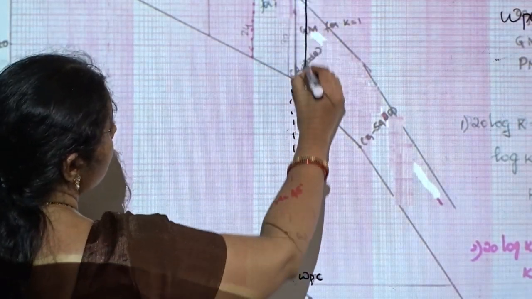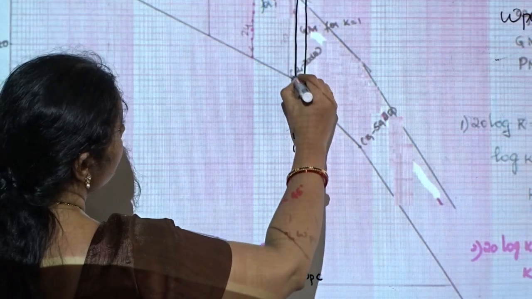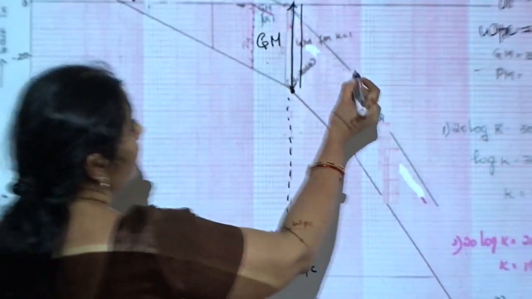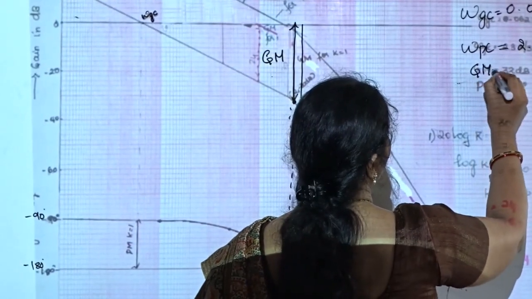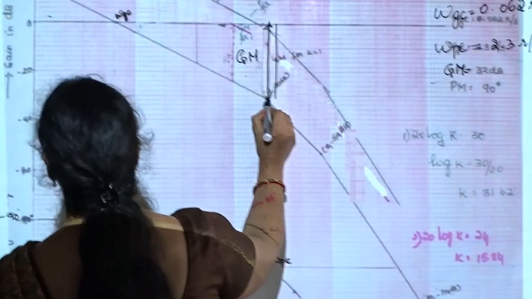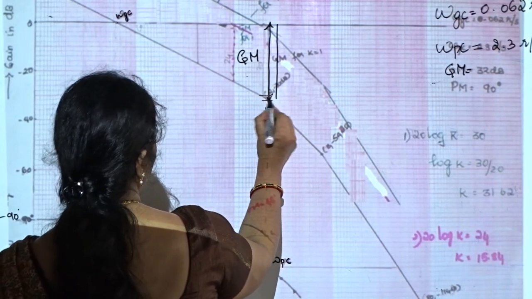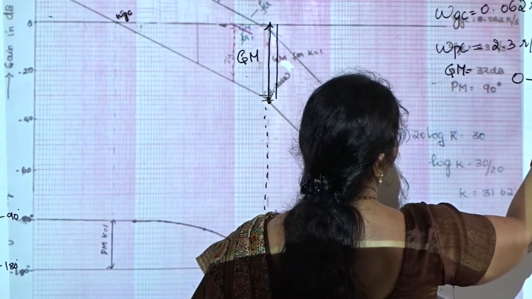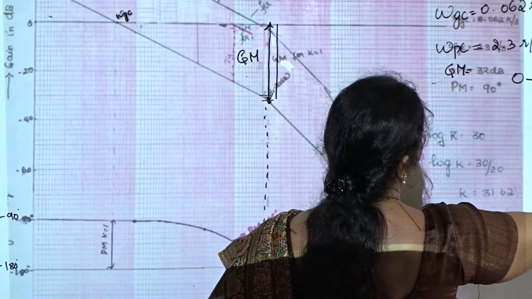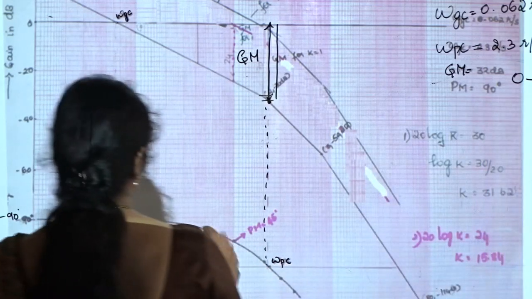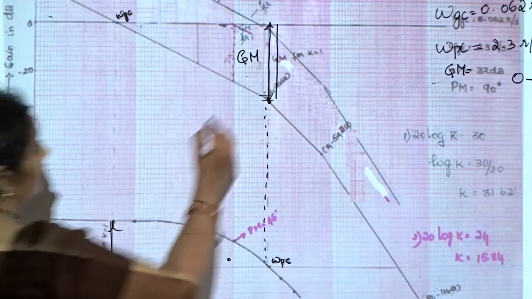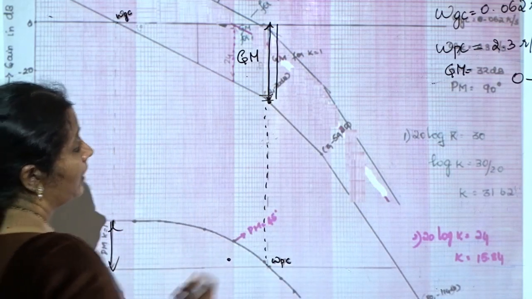The difference from this point to this point is nothing but the gain margin. What is the gain margin? This is 30 and this is 32, so it is 0 minus of minus 32, it is 32 dB. The phase margin is 90 degrees, and the gain margin is 32 dB.